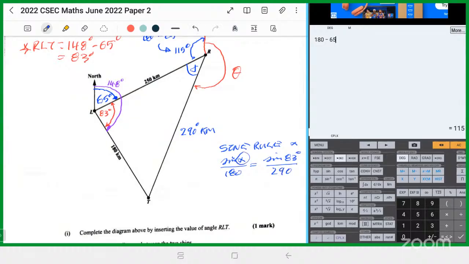To find the alpha, we're going to multiply the 180 first, and then take the inverse sine of that. So the alpha is going to be sine to the minus 1 of 180 times the sine of 83 degrees divided by the 290. That's going to give us the alpha. Just going to write down here.